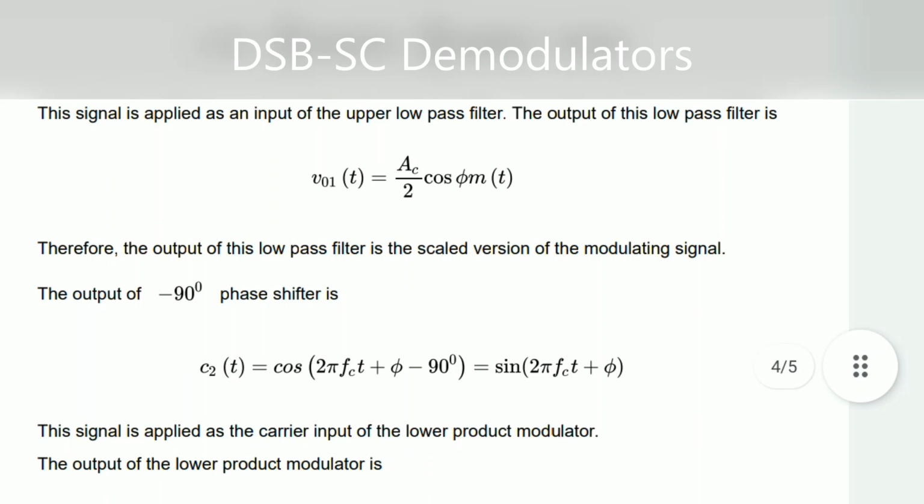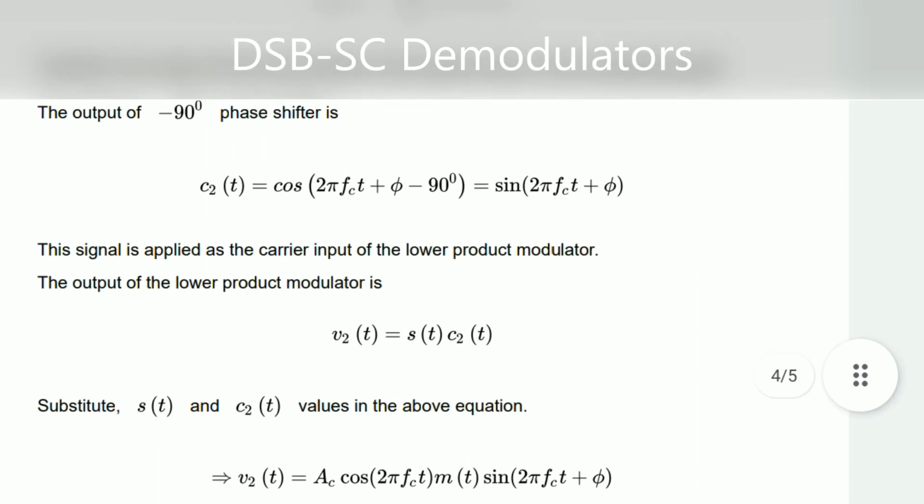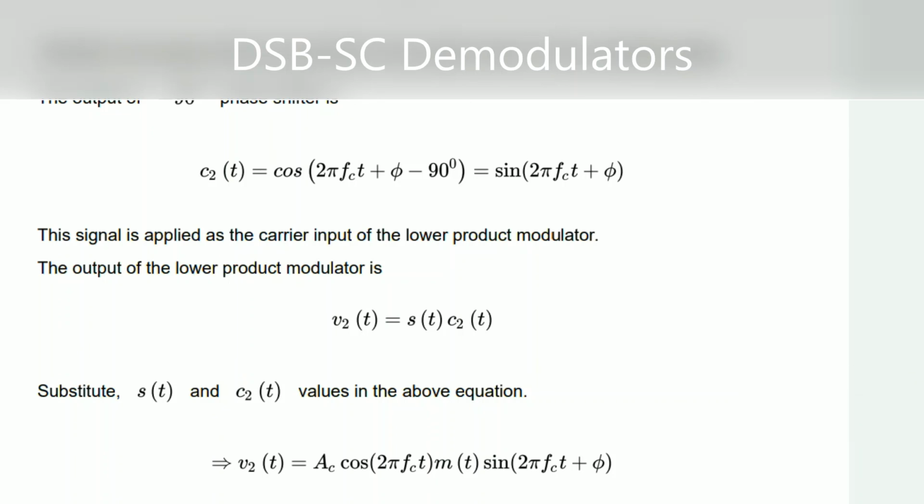Next we give the carrier signal with minus 90-degree phase shift to the second product modulator. After getting the input signal of DSB-SC, the product modulator gives an output called v2 of t equal to s of t into c2 of t.